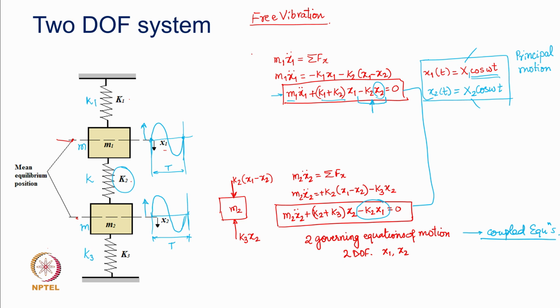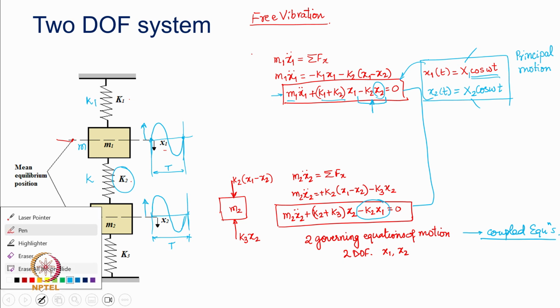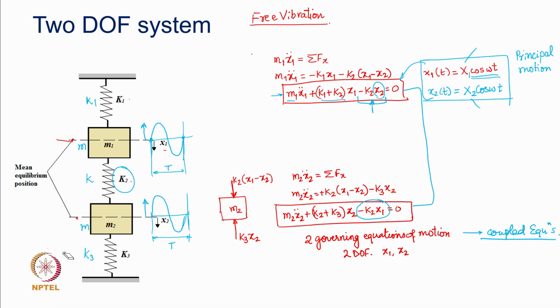Now, if this is the assumed solution, we would put it back into these equations, in the governing equation of motion, and find out what we get. How will you do that? If you substitute these solutions in the governing equation, let me write it here itself.